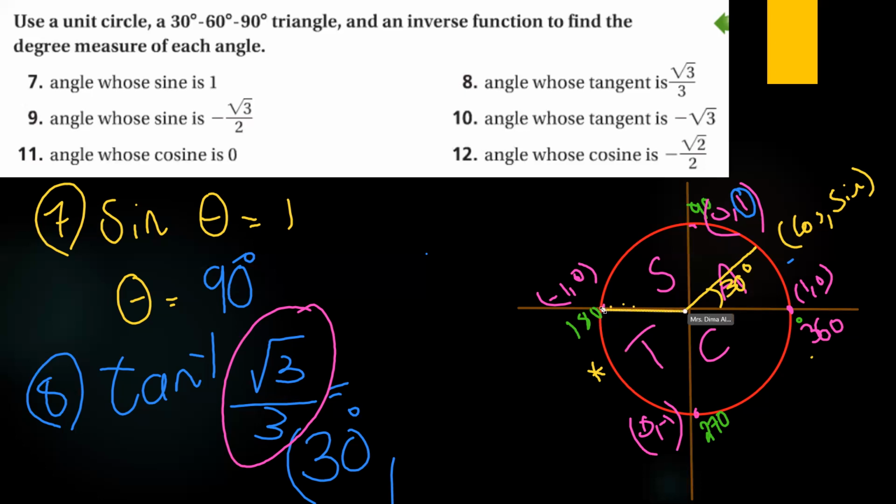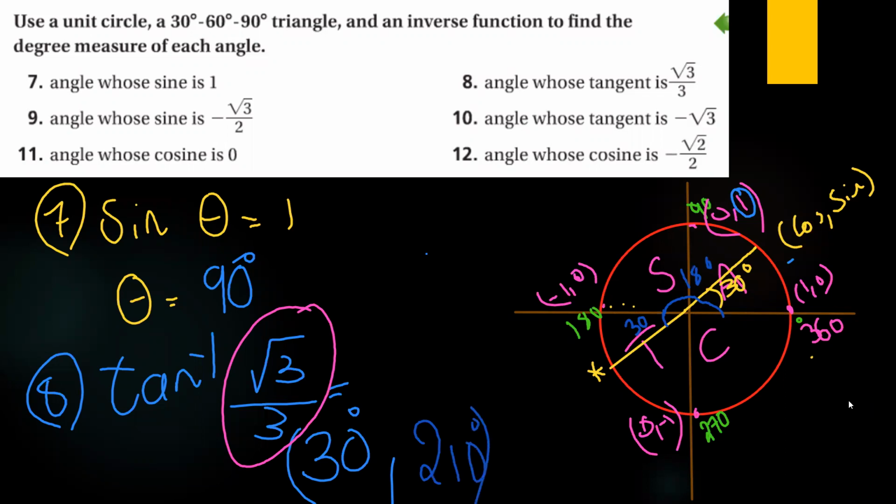Because I told you that the angle is 30. So you have to rotate 30 degrees from the x-axis in order to have this angle. Then you have to find the measure of this angle. Now you know that the measure of this angle here is 180 plus 30. So you have 210. So 30 and 210, their tan is square root of 3 over 3.